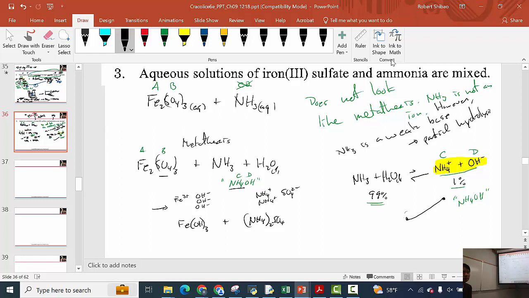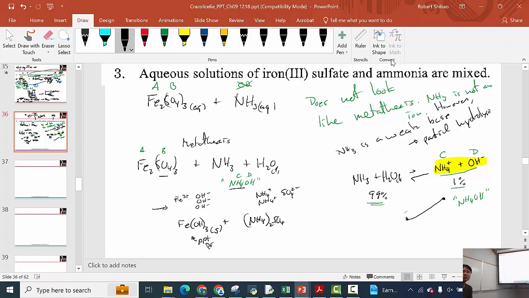Does the iron hydroxide precipitate? Yeah, hydroxides are all insoluble except for Group 1, ammonium, and some of group 2. Which of group 2? Calcium, strontium, and barium. Iron is not one of the exceptions, so this is insoluble. So we say solid precipitate. All we need is one driving force, and we have it here. Therefore we expect reaction to occur.